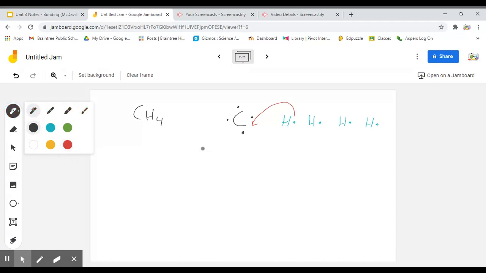All right. So I'm going to draw it with how it's going to bond. I'm using different colors here because I'm trying to show you that the different colored dots are the electrons coming from that colored atom.